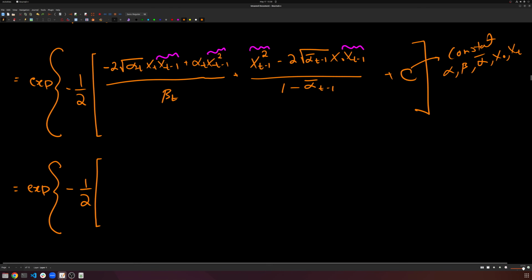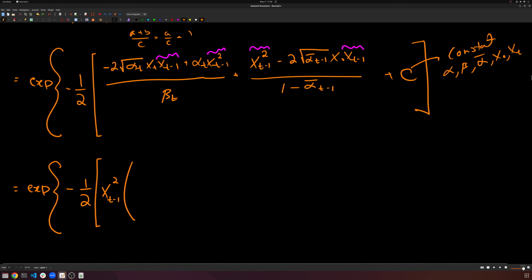And first of all, let's do the xt minus 1 squared term. So we're going to do an xt minus 1 squared. And what's going to be left? Remember, a plus b over c is just a over c plus b over c, right? So I'm just splitting the fraction up. And so if we have xt minus 1 squared, that means the first constant is going to be alpha t over beta t. So that's the first one.